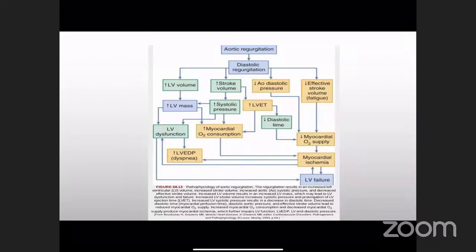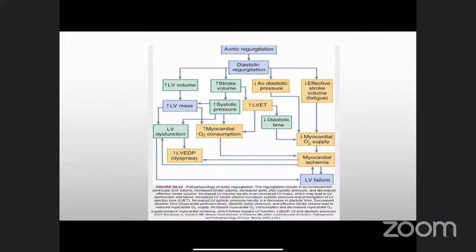When the left ventricular volume increases, the left ventricle becomes hypertrophied and myocardial consumption increases, and this leads to MI due to decreased myocardial supply. Increased stroke volume leads to increased systolic pressure, which leads to left ventricular hypertrophy, increased myocardial demand and left ventricular dysfunction.